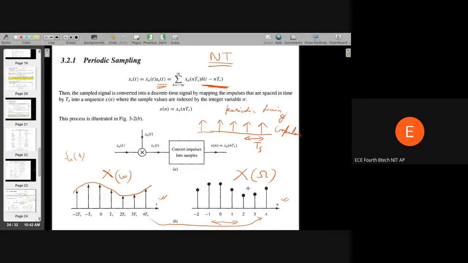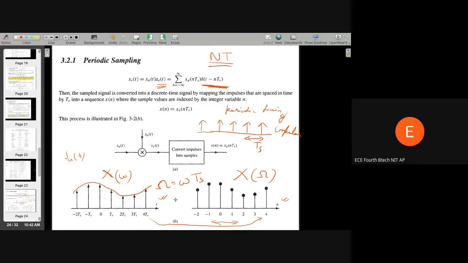And how are the frequency axes related? You will find there's a very important relation, that your discrete time frequency axis is related to your continuous time frequency axis and your sampling period.